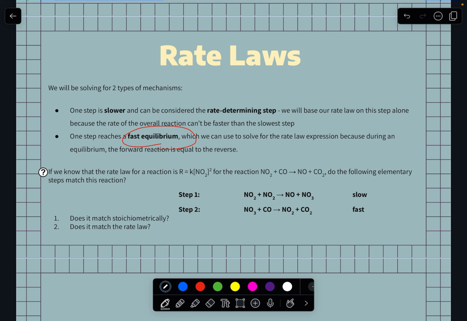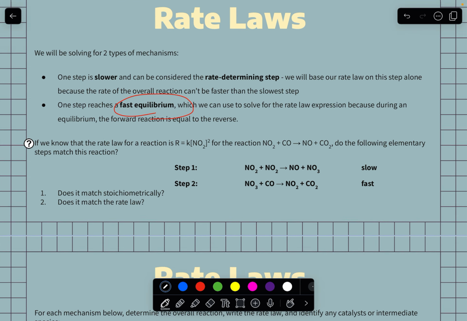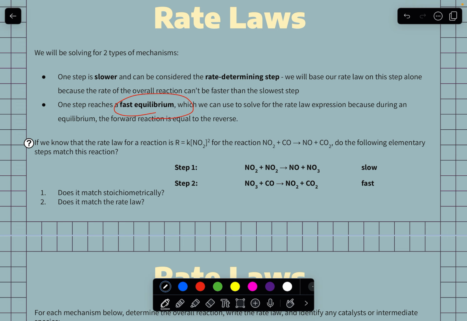Okay, so let's start with this example here. If we have the rate law is R equals k[NO2]^2 for this reaction here. Do the following elementary steps match the reaction? Okay, so first we're going to determine, does it match stoichiometrically? Does the stoichiometry of the reaction match our steps?